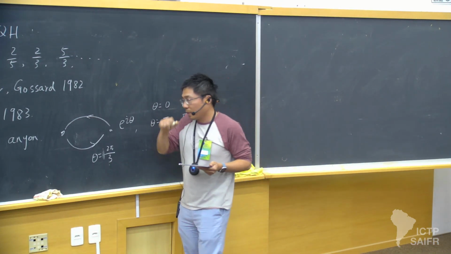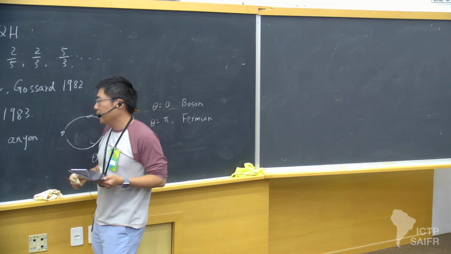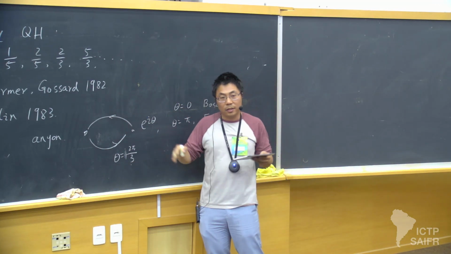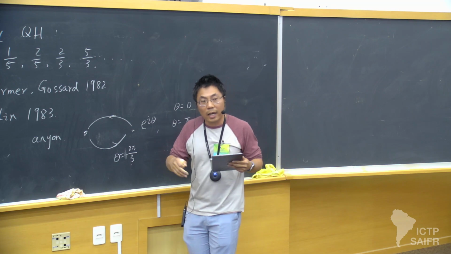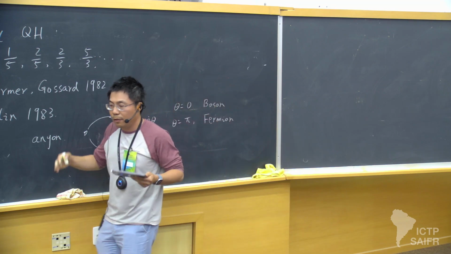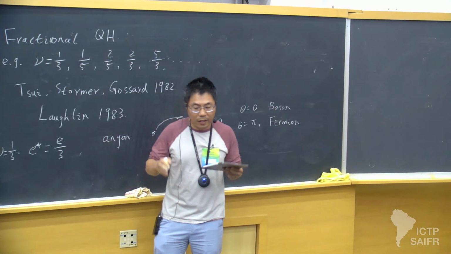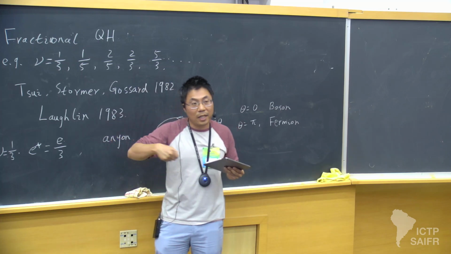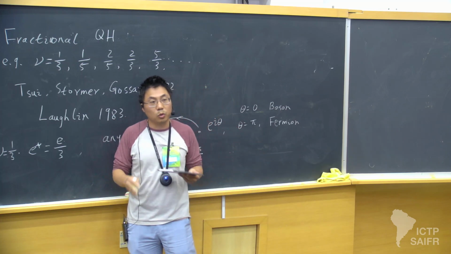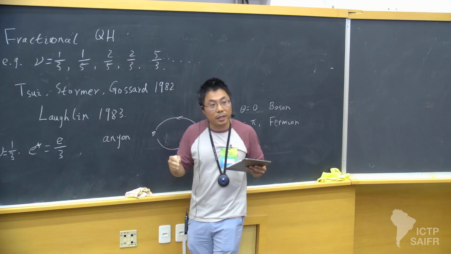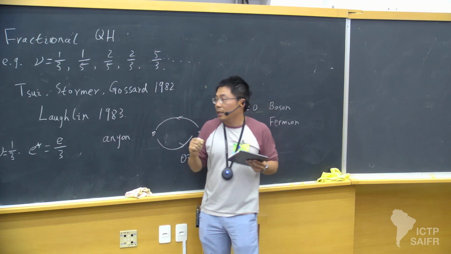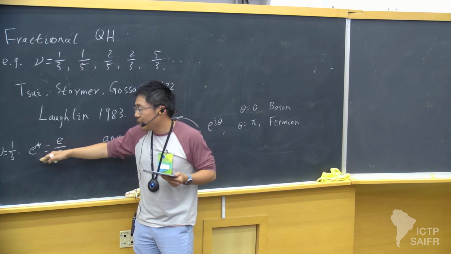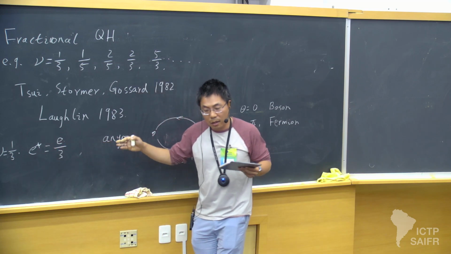What I mean is that when you try to perturb the system, the system will respond, and you can quantify the response by thinking about exciting some particles in the system that move around. That is what we call an excitation. And here you will find that the excitation carries 1/3 charge.